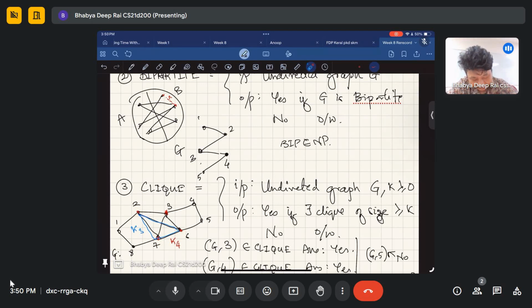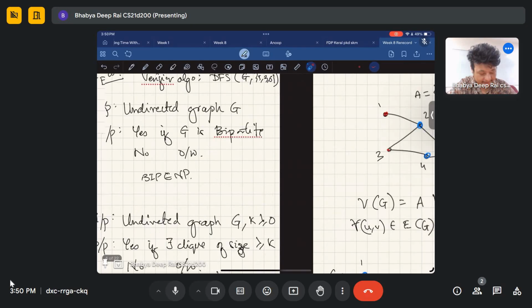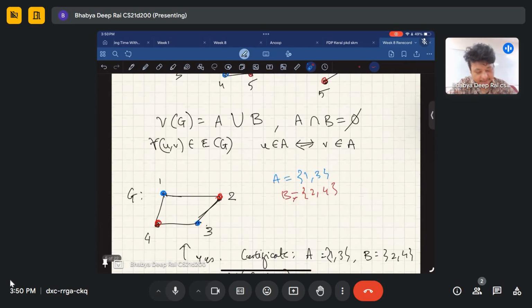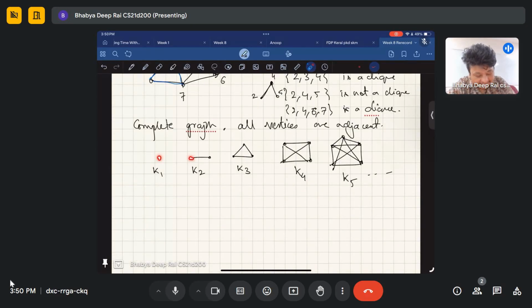For example, 2 is connected to 7, 6 is connected to 7, and 6 is connected to 2. So 2 is connected to both the others, 7 is connected to both the others, and 6 is connected to both the others. This is what is called a complete graph, right?